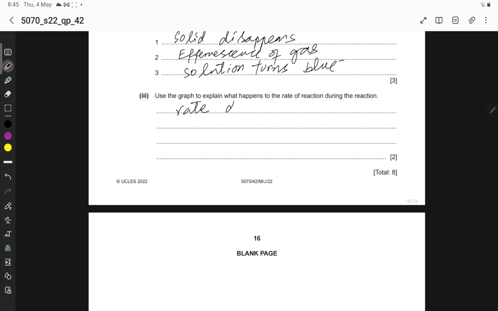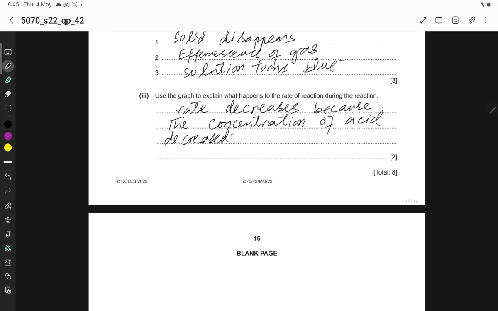Rate decreases because the concentration of acid is used up and decreases. The gradient also decreases.